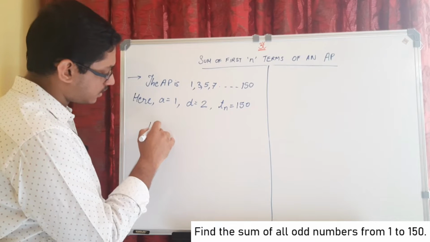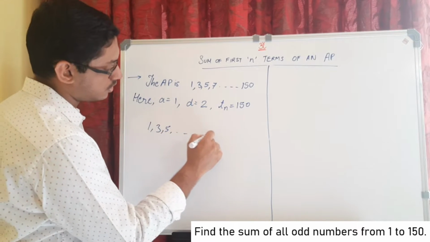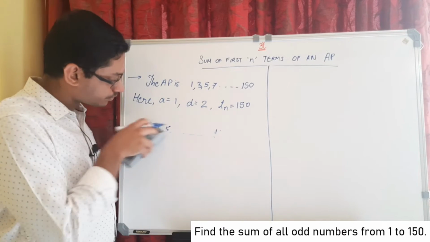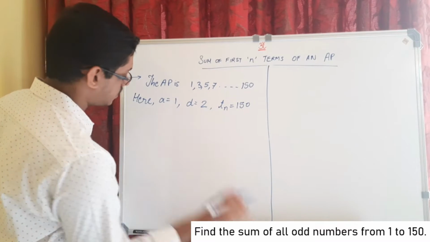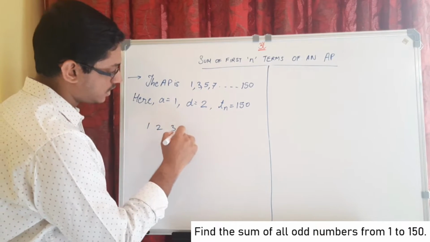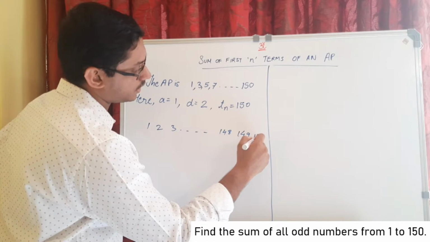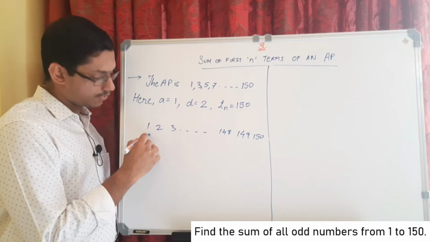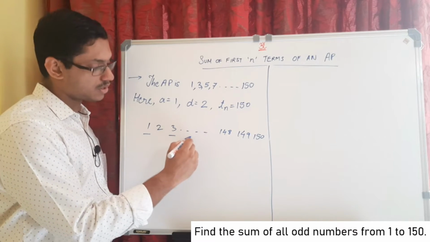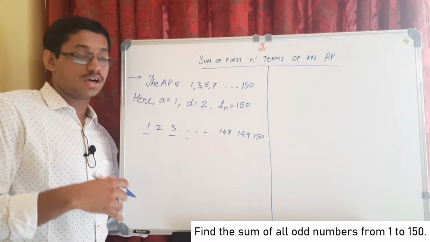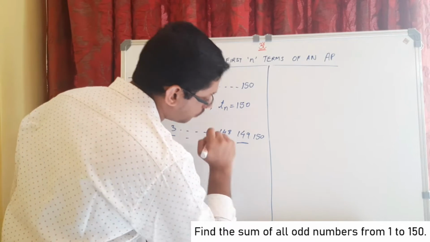What is the last odd number in the range from 1 to 150? Means 1, 3, 5 continued, then comes, wait a minute, see, 1, 2, 3 continued till 148, 149, 150. So we know this is the first odd number, this is the second odd number, third, fourth, like this it will go on. What is the last odd number? The last odd number is 149.